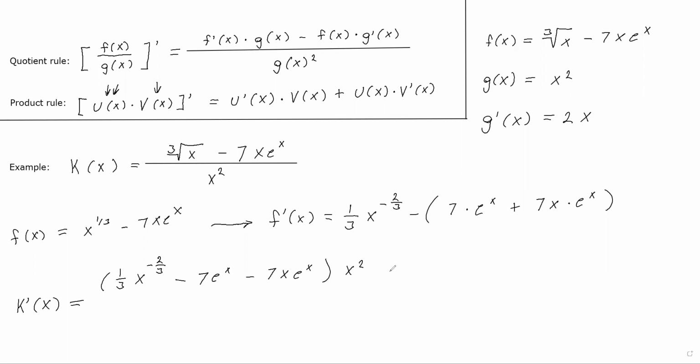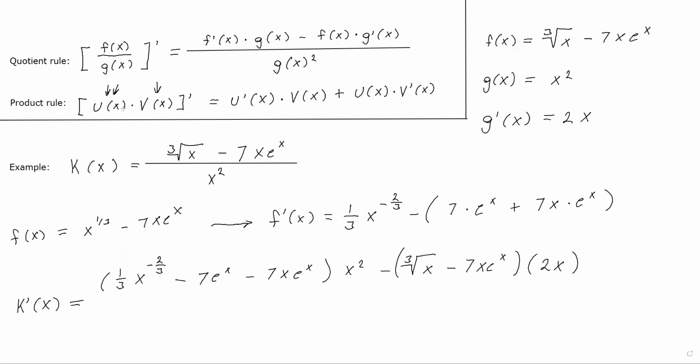And now we need to subtract f of x times g prime of x. Our f of x is just the cube root of x minus 7x e to the x, parentheses around that, times g prime of x, which is 2x. All right.